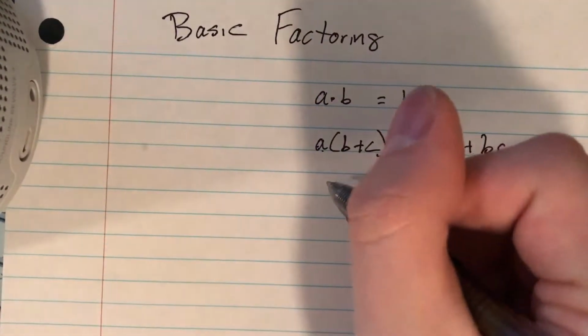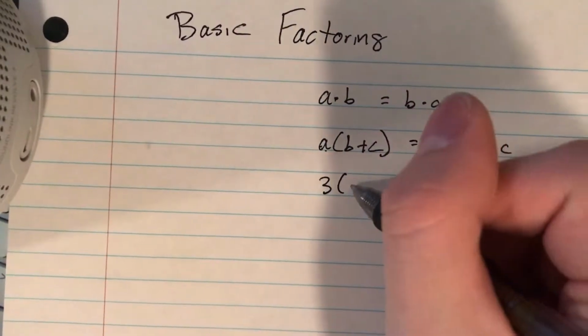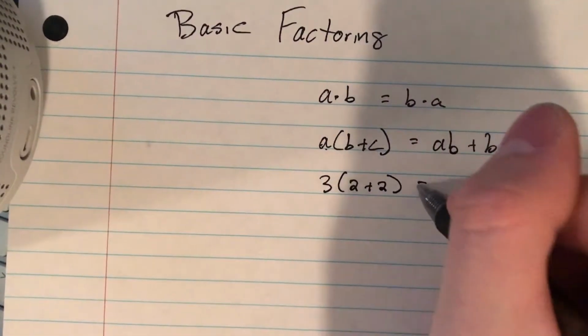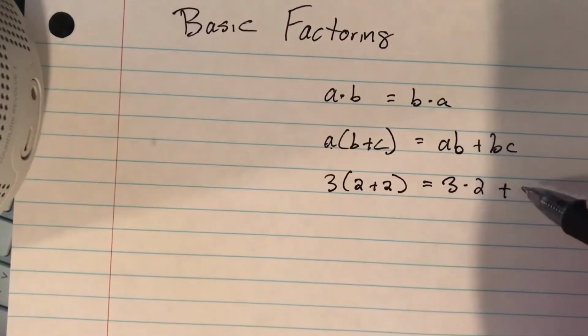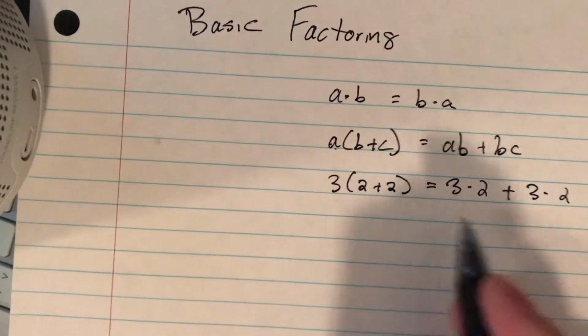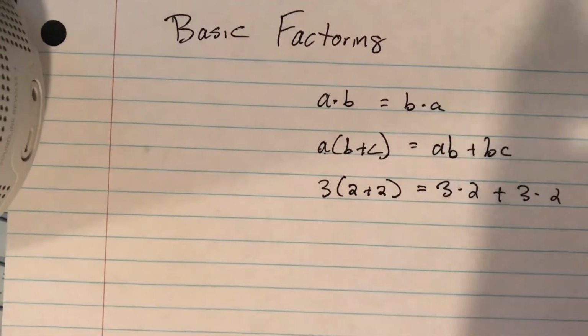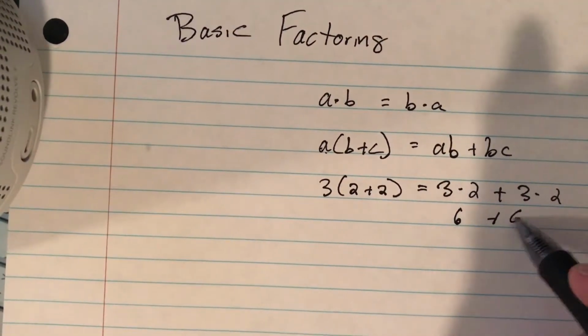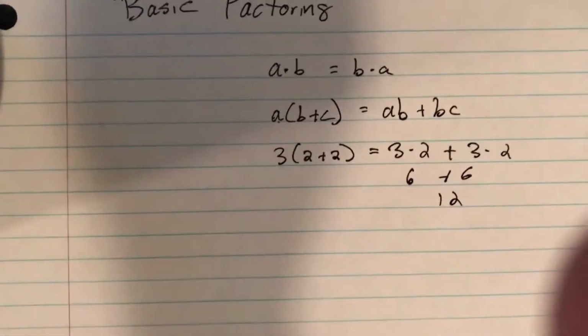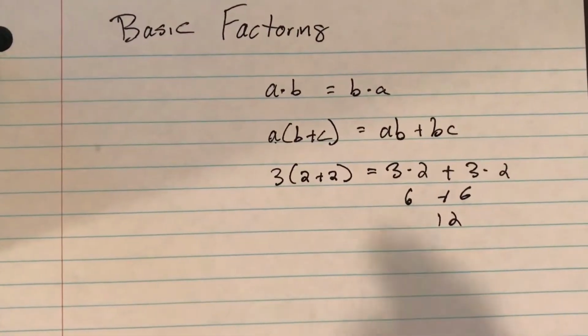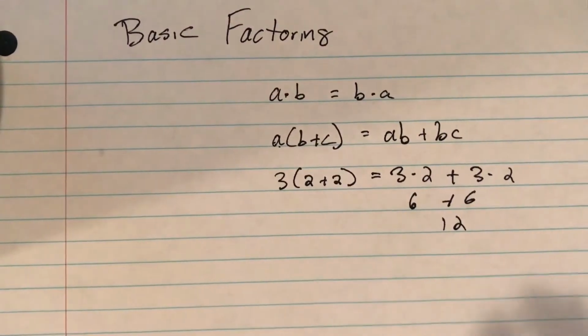Practical example: if we wanted to do 3 times (2 plus 2), that'd be equal to 3 times 2 plus 3 times 2, which is 6 plus 6, which is 12. That's a more concrete example to think about instead of just a's and b's and c's.